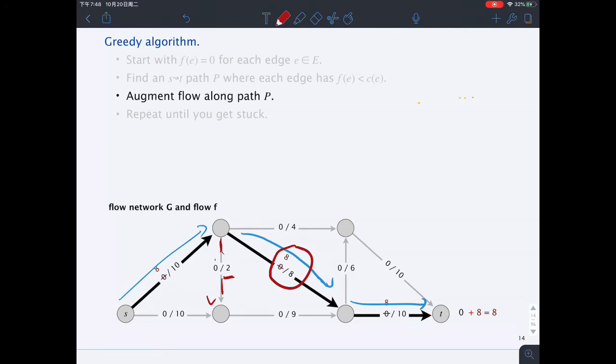So how can we look for a second path? It's actually pretty easy. Because this one is saturated and we cannot push more flow, we just chop off and remove the entire edge over here, and then we run another BFS to find another path moving from S to T.